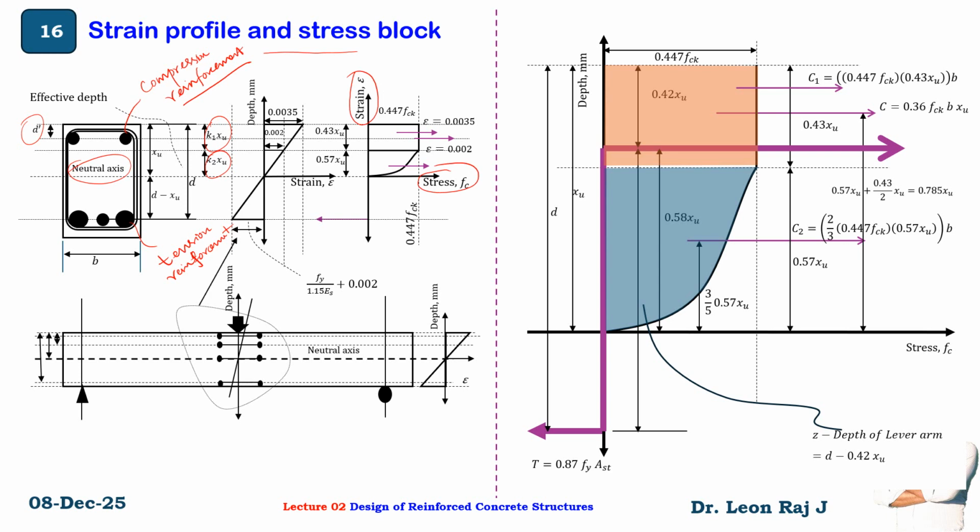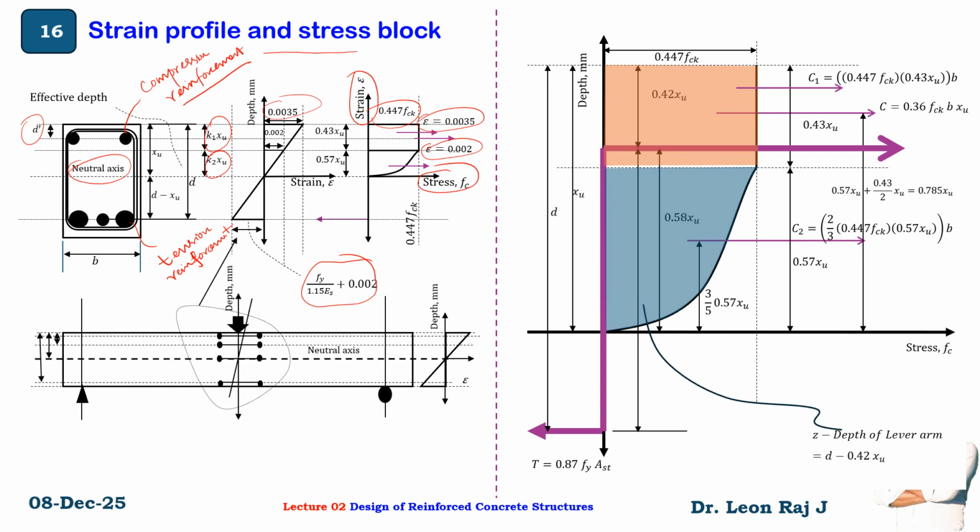So here the strain is 0.002 and 0.0035, and the stress is 0.447 fck. How the new strain is plotted, I explained in the previous slide. So the maximum strain in steel is fy divided by 1.15 Es plus 0.002, and the strain in concrete is 0.0035.